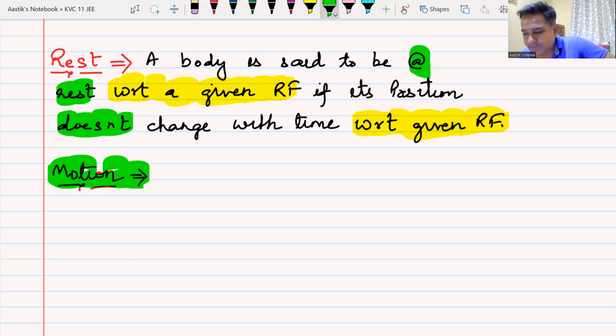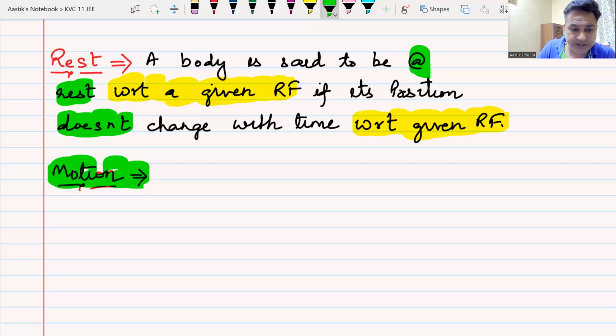Do we understand this? I'll give you a minute. I am not going to write the definition again. You'll have to write it after making the corrections that I have shown in green. Instead of at rest, it will be in motion, and the word does not will not come. A body is said to be in motion with respect to a given reference frame if its position changes with time with respect to the given reference frame. Do we understand this, everyone?